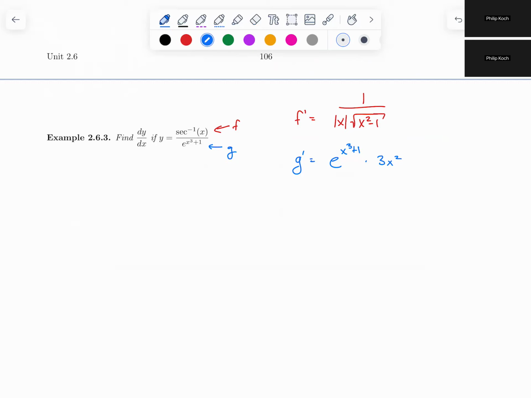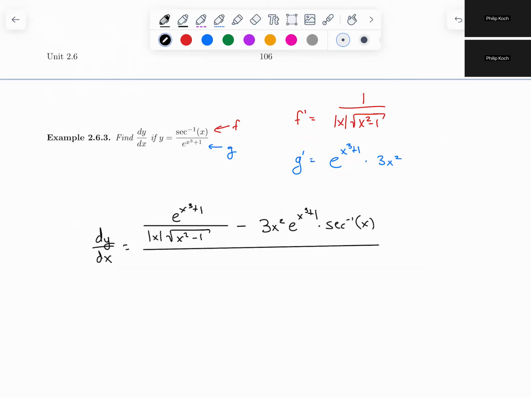So f prime g minus g prime f all over g squared gives us the dy dx, or y prime, however you want to write it, is f prime g, so e to the x cubed plus 1 over absolute value of x times the square root of x squared minus 1 minus g prime, so 3x squared e to the x cubed plus 1 times f, secant inverse of x, all divided by e to the x cubed plus 1 squared.